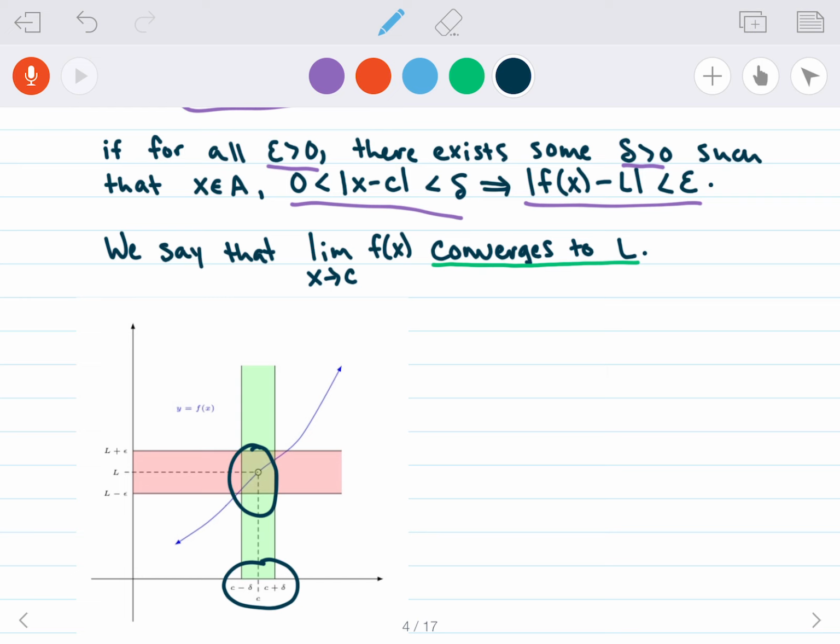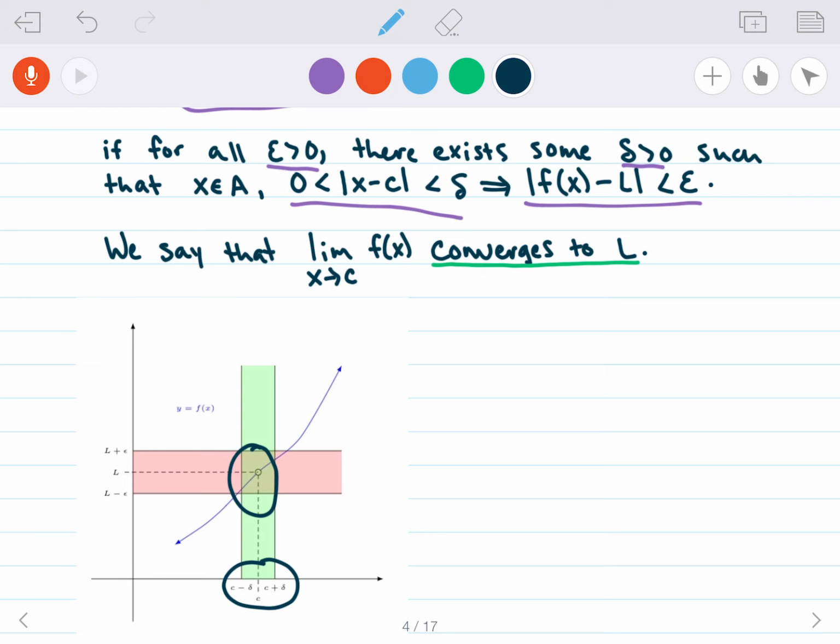So maybe to illustrate limits, we can look at an example where the limit doesn't exist. If you look at this picture to the left, I have a piecewise function, and so there's a jump discontinuity at x equals 1. And we want to claim, using the formal definition, that the limit of the function doesn't exist when x approaches 1.